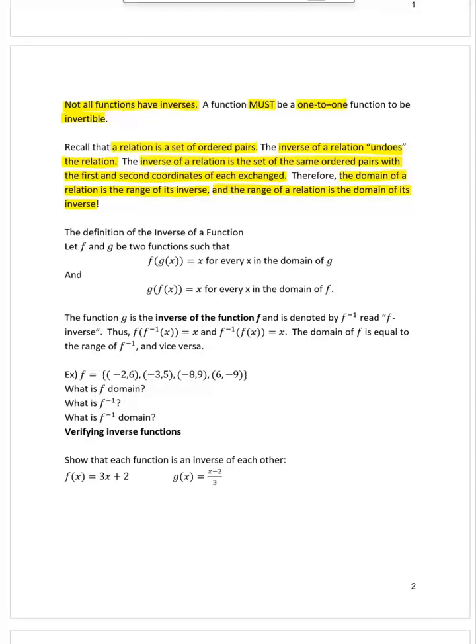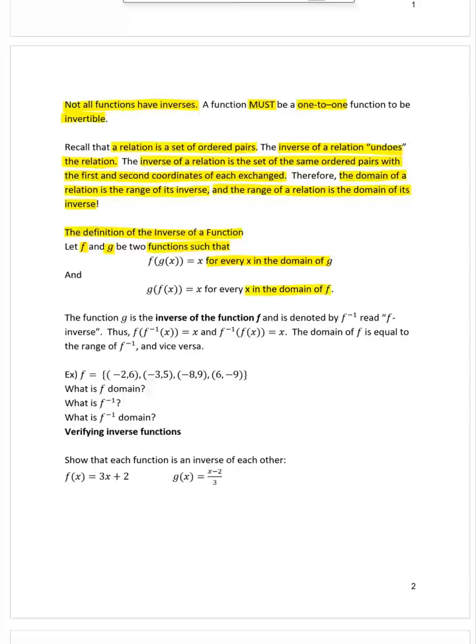Here's the definition of the inverse of a function. Let f and g be two functions such that f of g of x, composite, is going to equal x for every x in the domain of g. And g of f of x, again composite, is going to equal x for every x in the domain of f.